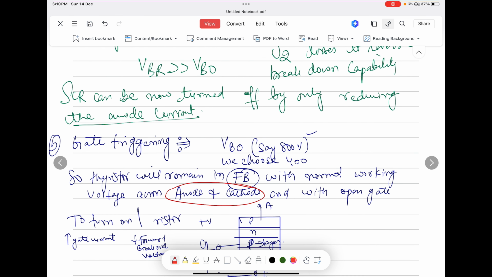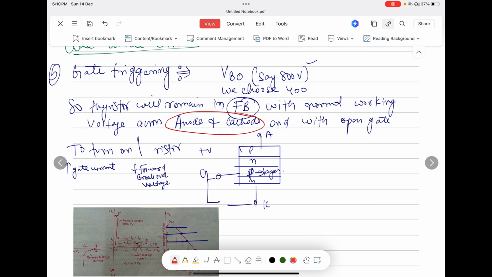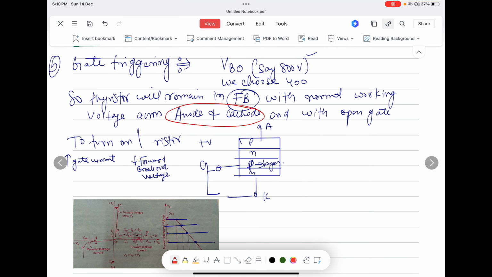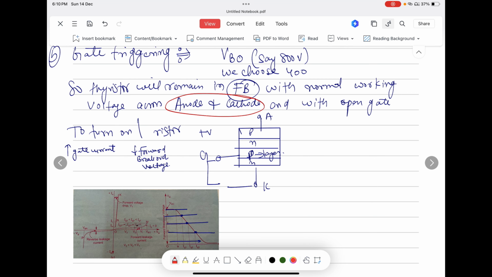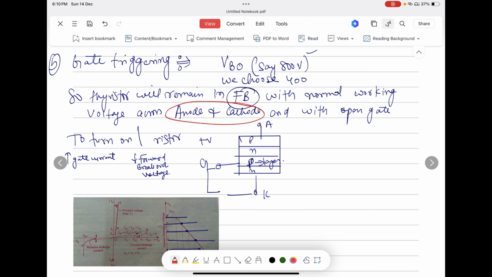Next, we will discuss gate triggering. In gate triggering, we can give a pulse of higher amplitude to the gate. What will happen with that? For example, if our forward breakover voltage is 800 volts, we can trigger the SCR at a very low voltage.